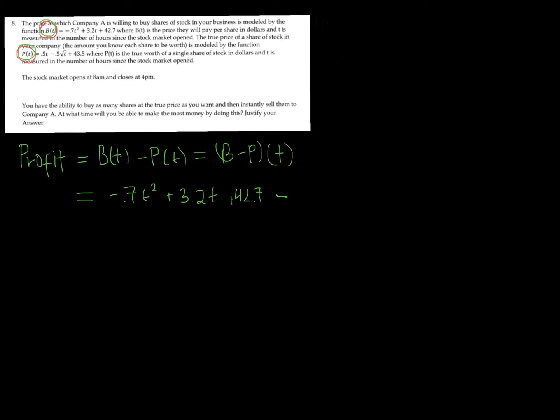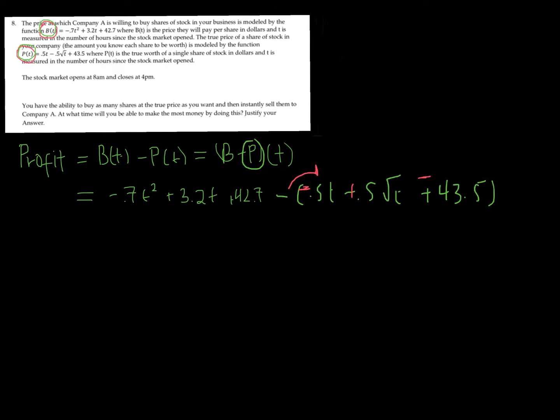So I'm going to subtract, and remember I keep that in parentheses, I'm subtracting the whole value of P, not just part of it. 0.5t minus 0.5 square root of t plus 43.5. So I distribute the negative sign inside, which means I'm going to be subtracting, adding, and subtracting.